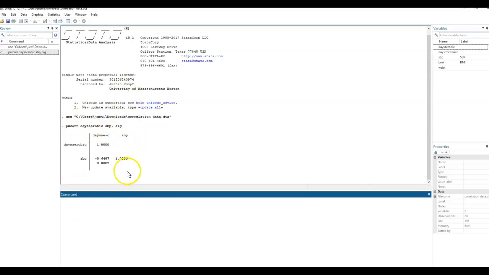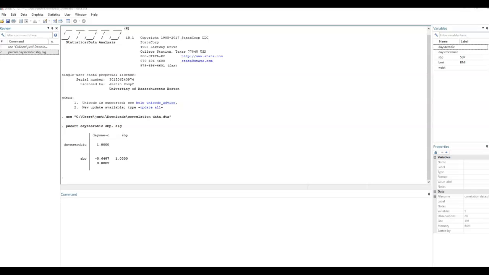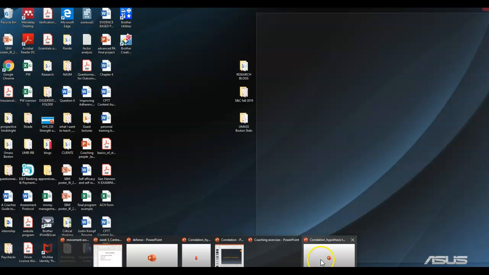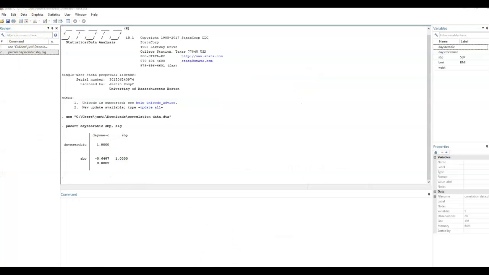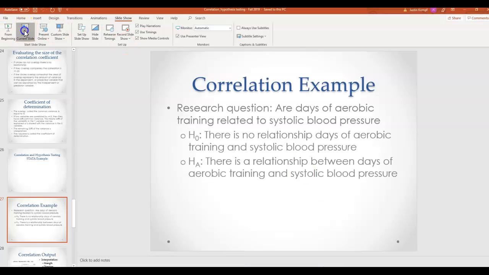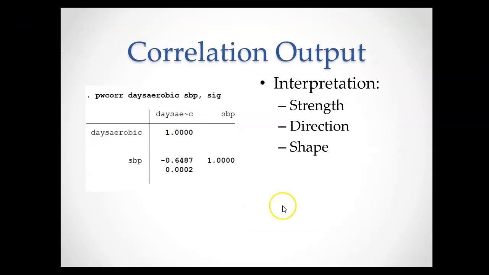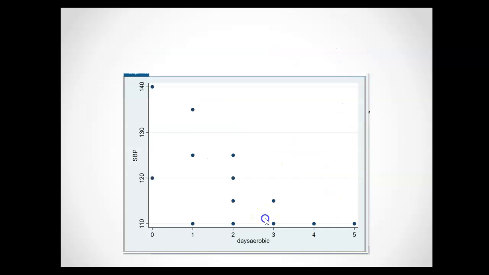So in this case, here is our output. What we want to know is the strength of the relationship, the direction of the relationship, and then I'll show you how to make a scatter plot out of this as well.